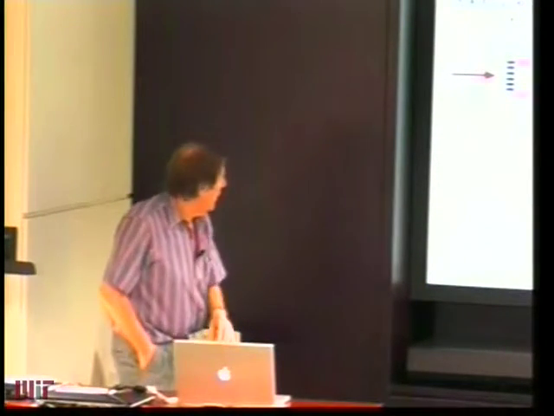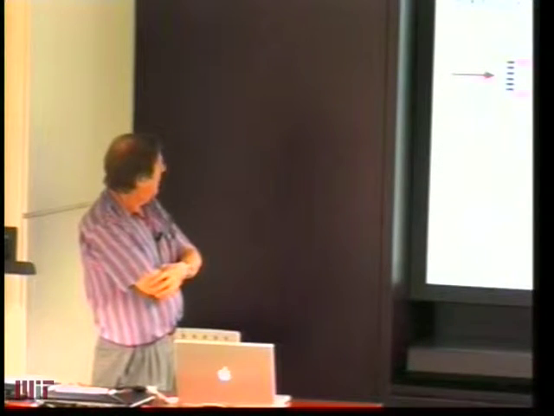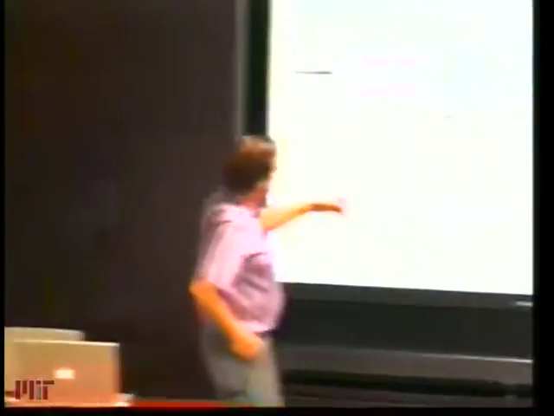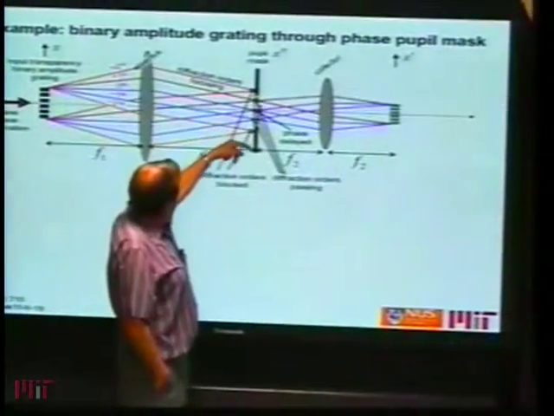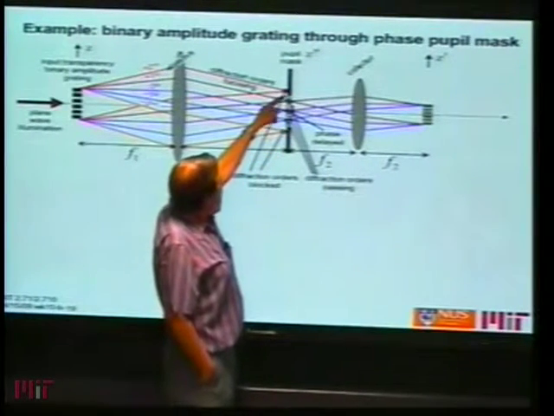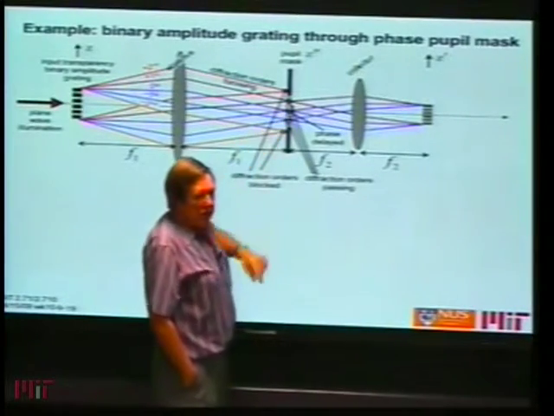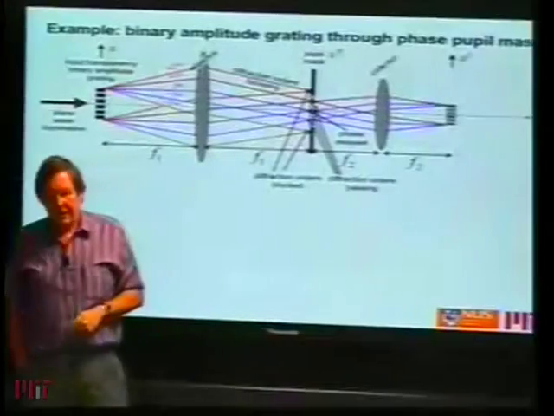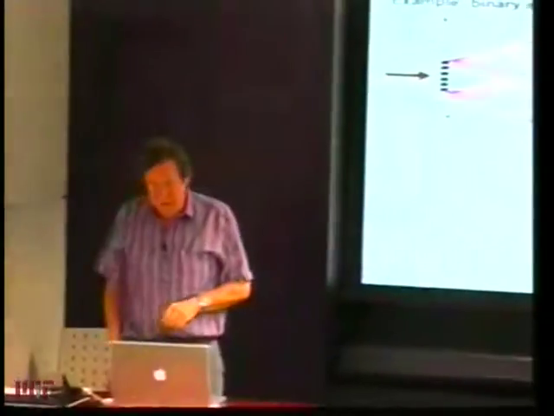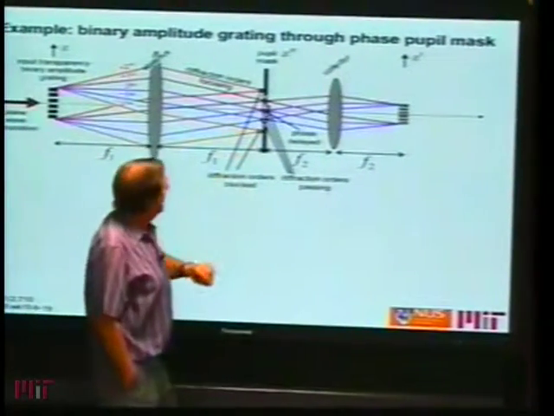Right, now we're going to do another, a bit more complicated one, a phase pupil mask. What is shown here is an opaque part of the screen, and then in the central part it's transparent, but it's got some sort of structure there, some diffractive dielectric element which changes the relative phase of this order compared with the other orders.